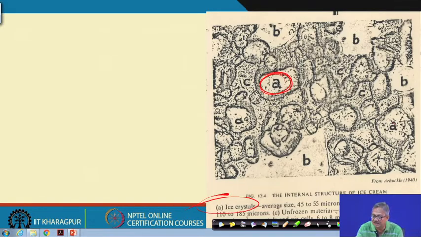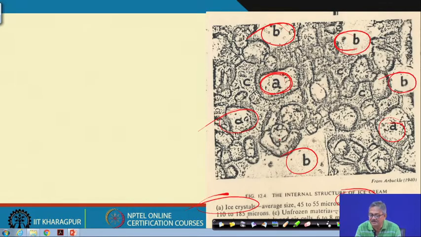Then B is air cells, these are air cells, and then C is the unfrozen material. Whatever is not frozen, that part is C.